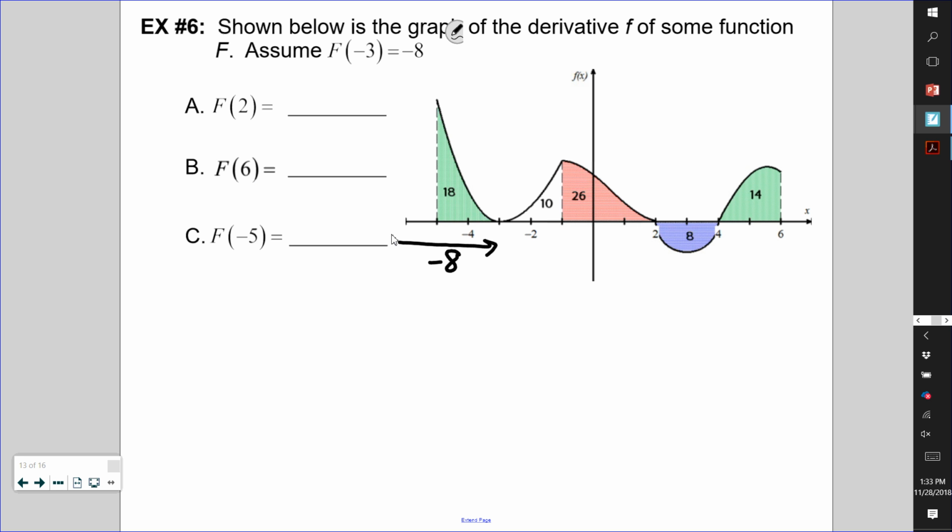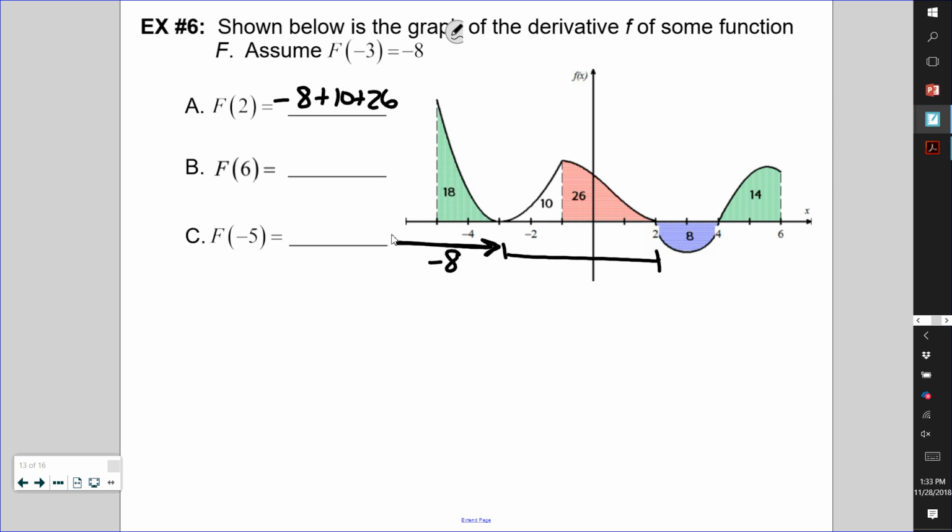So if I'm going to do f of 2, I know that as I get up to negative 3, the answer is negative 8, and then I just need to do the rest of it up to 2. So that means, and you're going to write all this down because this is important, it's negative 8 plus 10 plus 26.